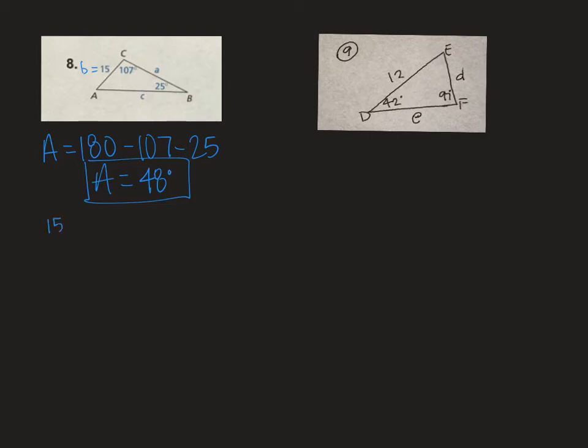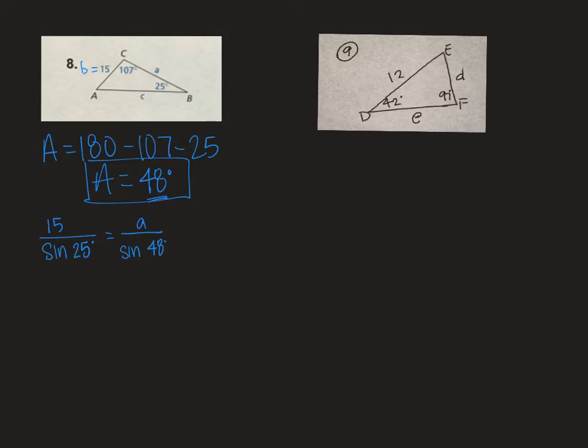So I'm going to do the side length over the angle. So 15 over the sine of 25. And I'm going to solve for side A first. That is going to equal A over the sine of what we just found angle A to be, which was 48 degrees.